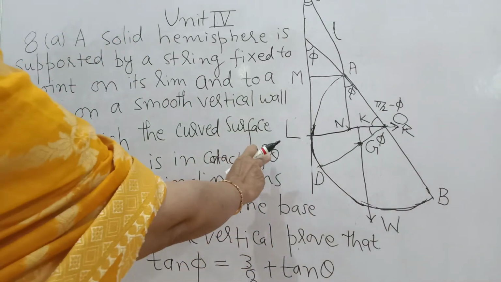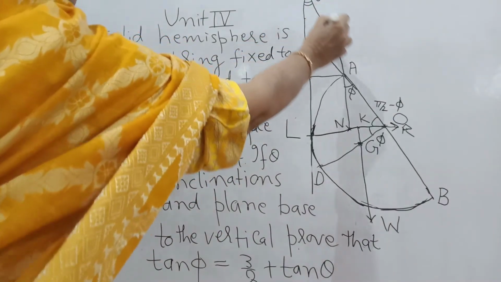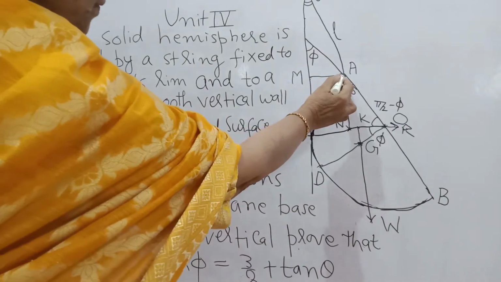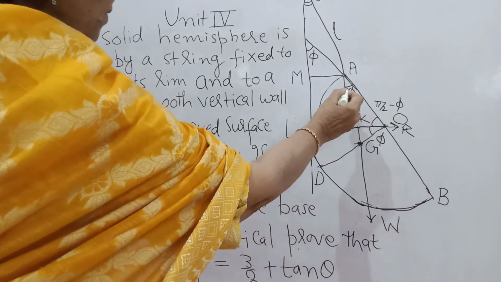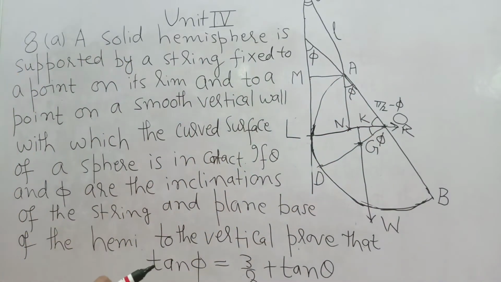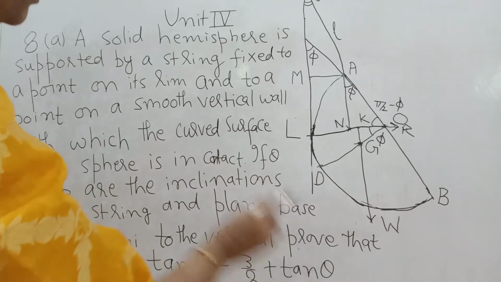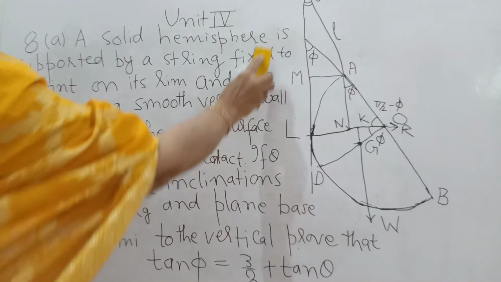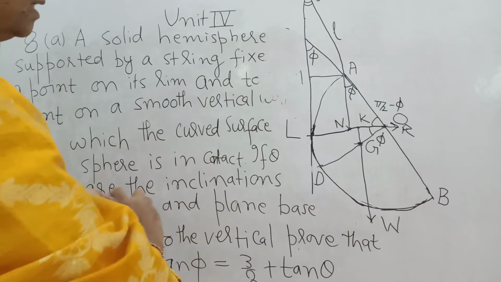That means the inclination of string is given as theta with the vertical, inclination of this rim is given as phi with the vertical, and you have to prove, if the whole system is in equilibrium, with the help of virtual work, that tan phi is 3 by (8 plus tan theta).